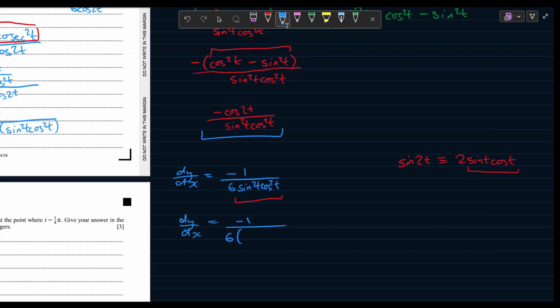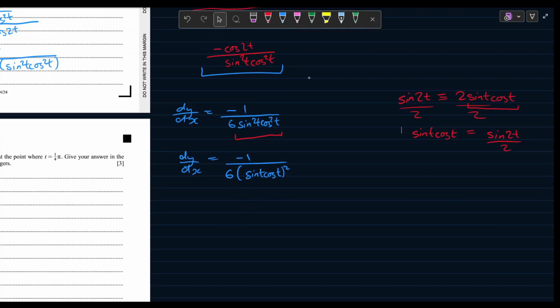We can write sine squared t cos squared t as sine t cos t, and all of this is squared. Okay, so if we make it the subject of the formula here, sine t cos t is equal to sine 2t over 2. So we've just divided both sides by 2. Okay, dy/dx is equal to negative 1 over 6 multiplied by sine 2t over 2, and this is squared.